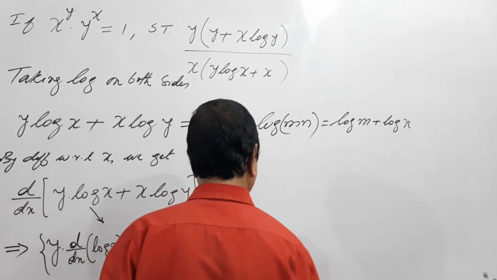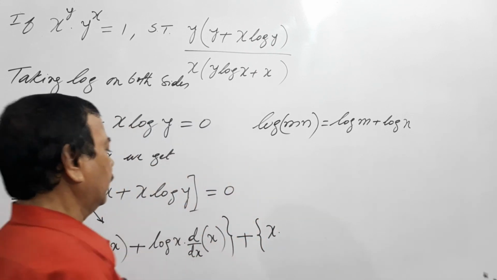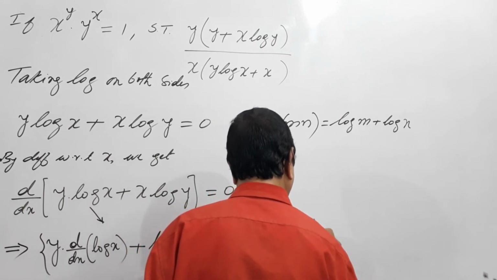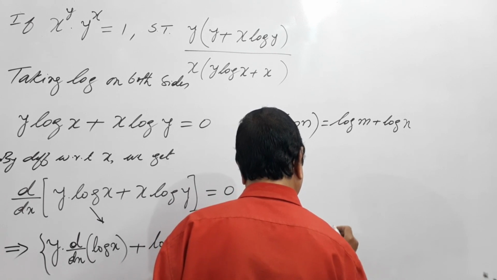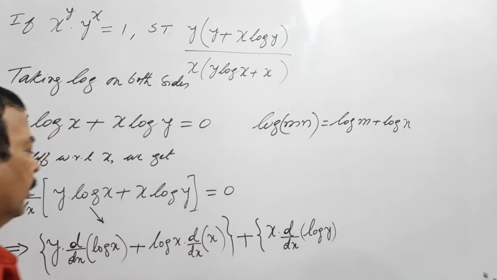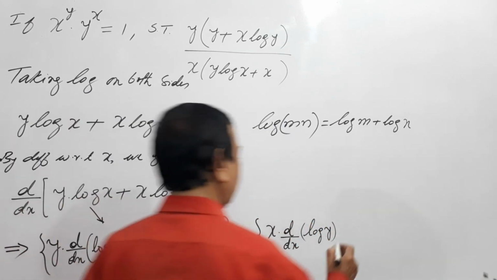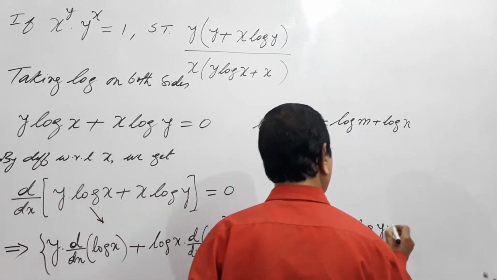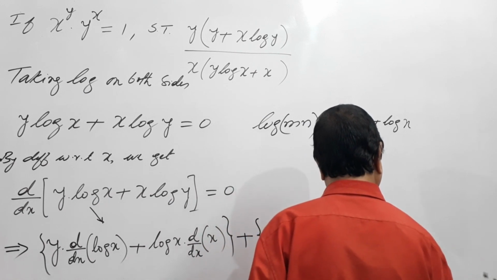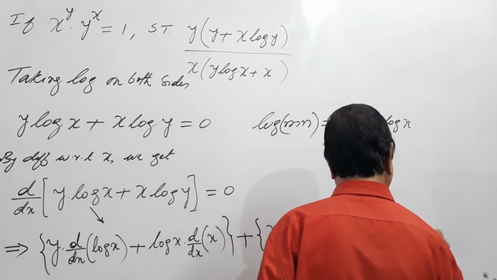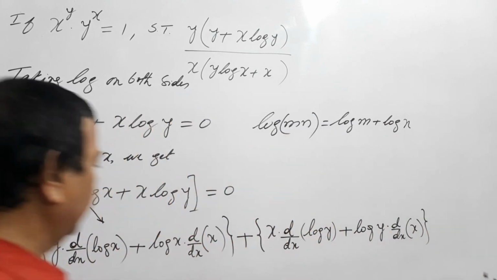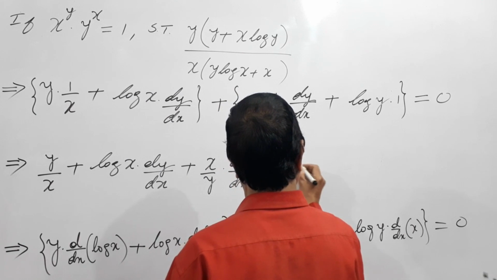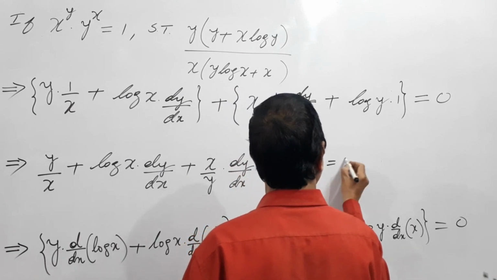So this will be again x into d by dx of log y plus log y into d by dx of x. Plus log y equals to 0.